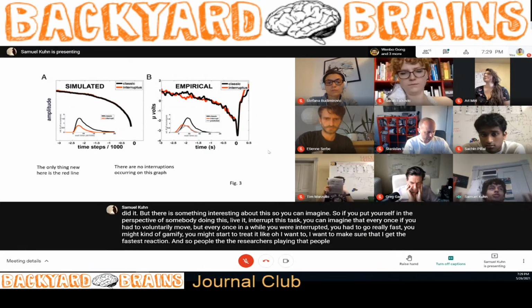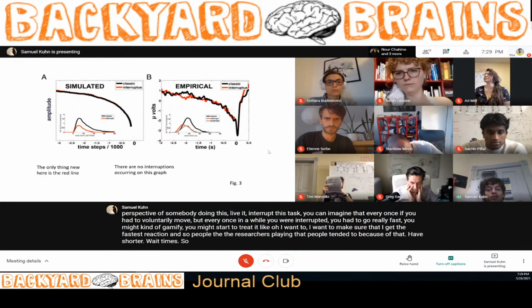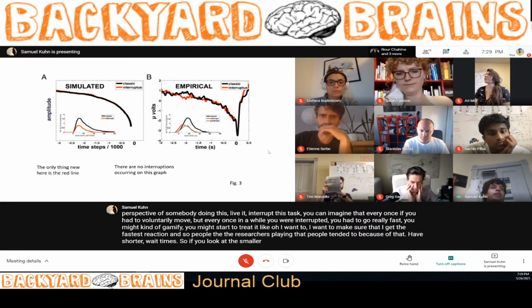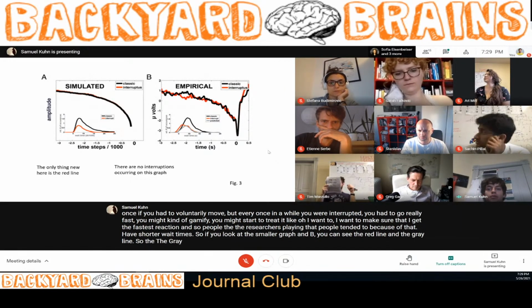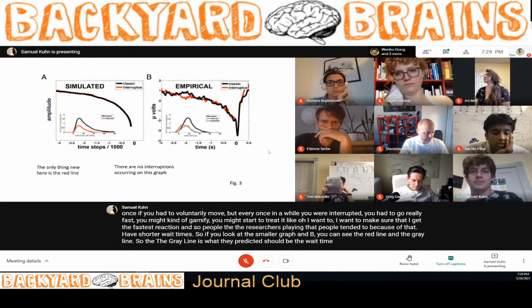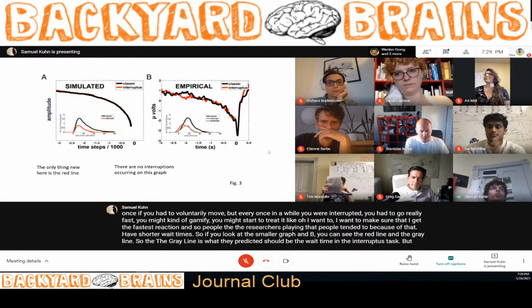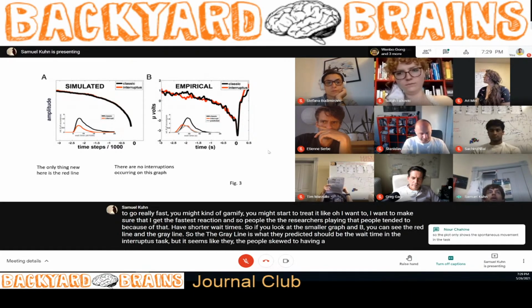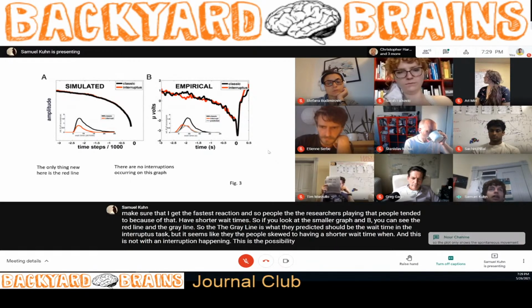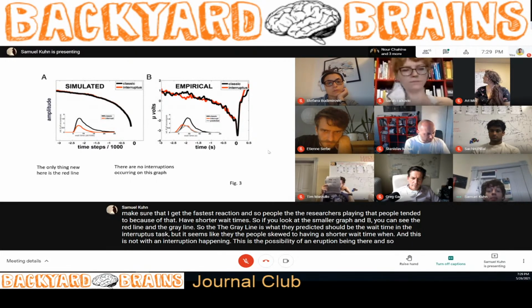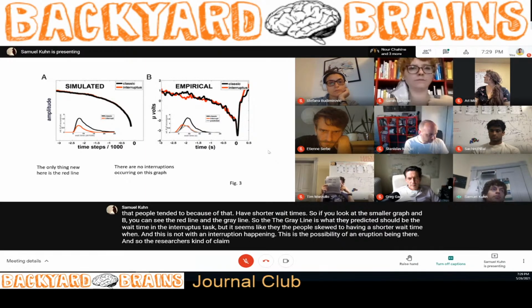The researchers claim that the reason the red line has a peak slightly earlier than the gray, which is the prediction, is because the people are somewhat anticipating, and so they tend to respond voluntarily more quickly. But I don't think they can really accurately or with credibility state why the participants were doing it. Just that it seems like when they do the interruptus task, empirically they are having a shorter wait time than predicted, or in the classical test.